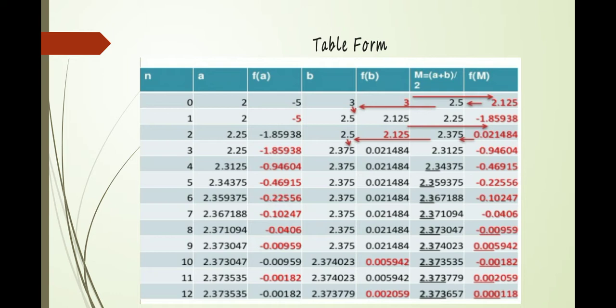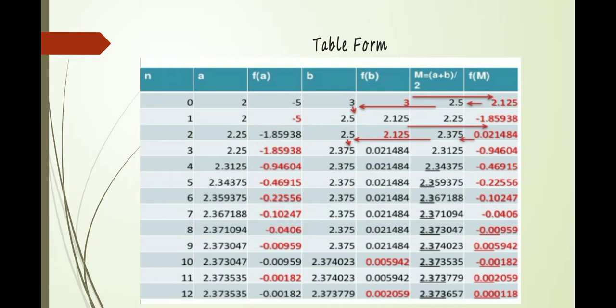See the example in the tabular form. n is equal to 0, our first iteration. a is equal to 2, f of a is equal to minus 5, b is equal to 3, f of b. Both have opposite signs. So we say that the root lies between 2 and 3, whose average is 2.5.